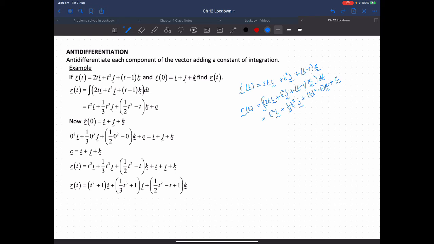What we have been given is a value. It says r dot 0 equals i plus j plus k. That is a mistake.